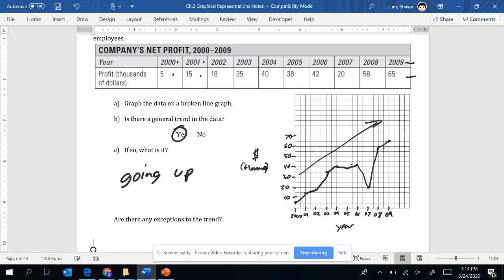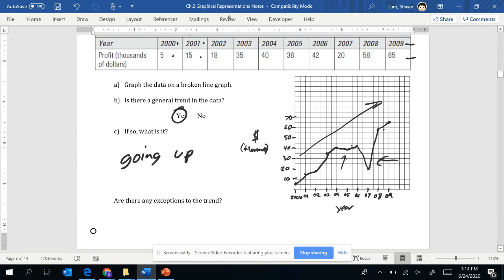Now there's an exception, or a couple little exceptions right here. There's a small dip in the graph at this point right here. There's a very big dip in the graph at this point right here. So are there exceptions? Yes. There is a small exception in 2005.